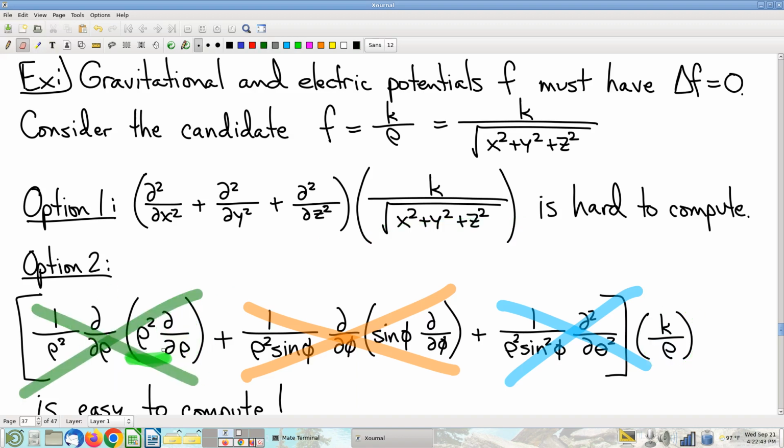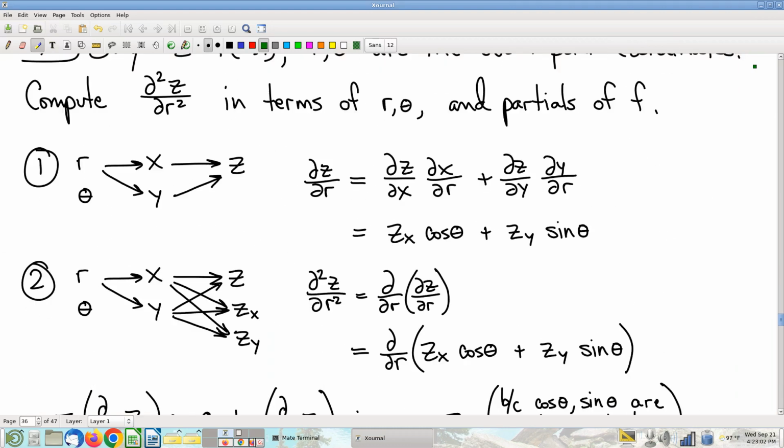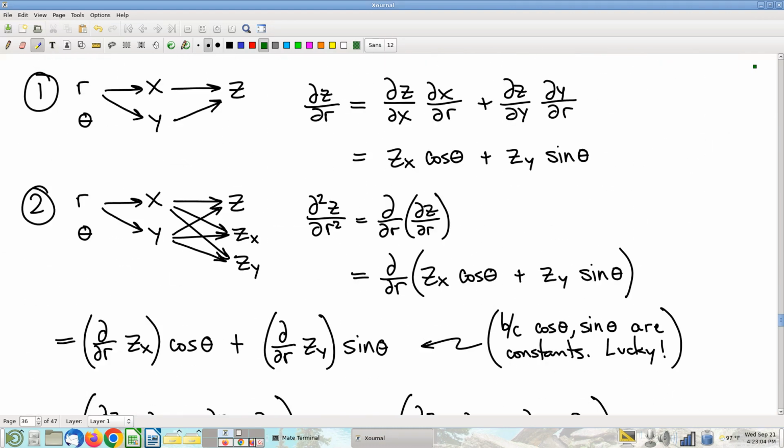And so grand total, this adds up to 0, as it should. And that was a super easy calculation, way easier than the alternative. Okay, so anyway, ultimately all of this is an application of this business here about second partials in the chain rule.